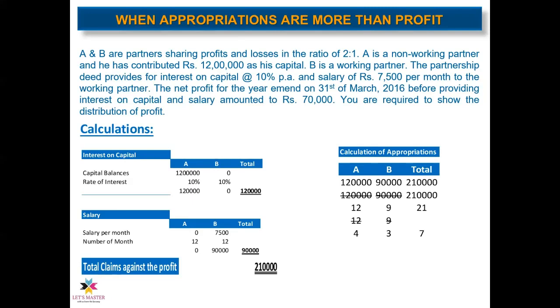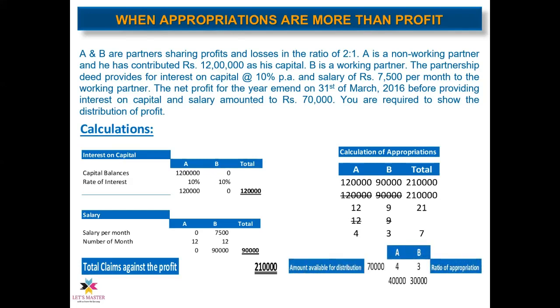So what we will do is find out the ratio of the amounts that are payable to the partners. The amount due to A is 1,20,000 and the amount due to B is 90,000. And when we solve it, the ratio of amounts payable to both the partners comes out to 4:3.